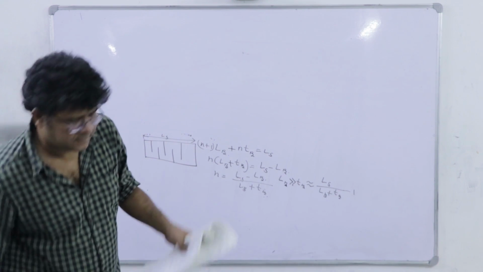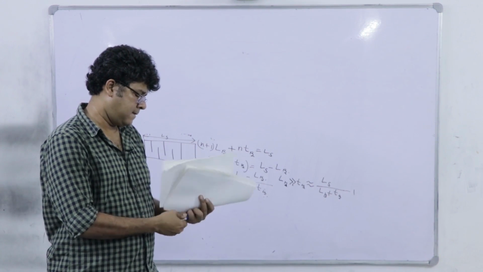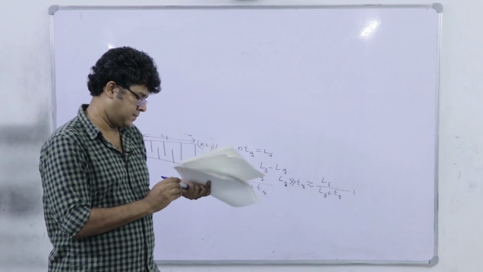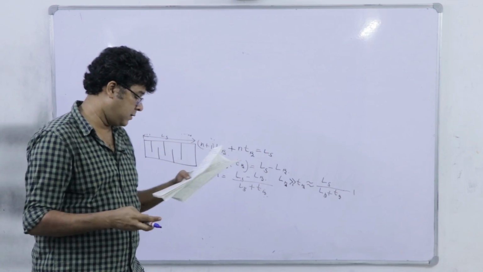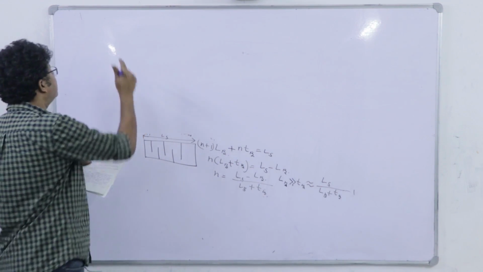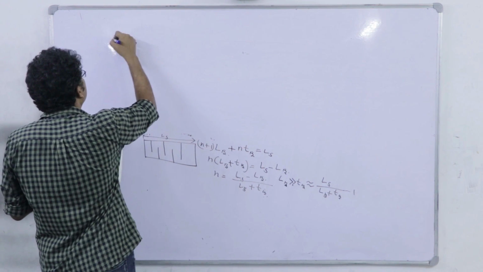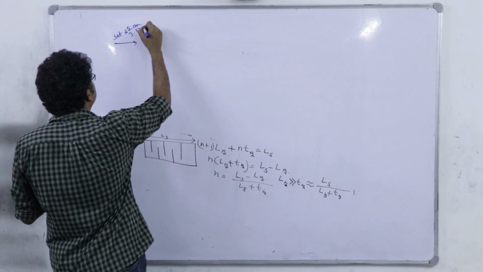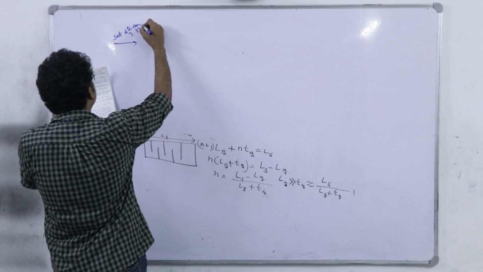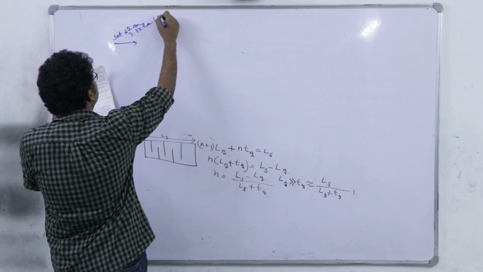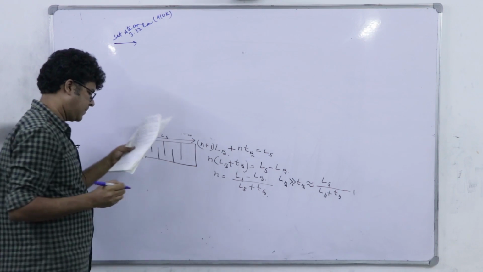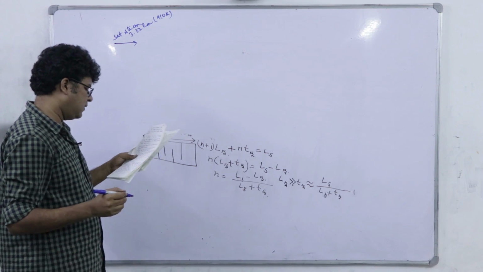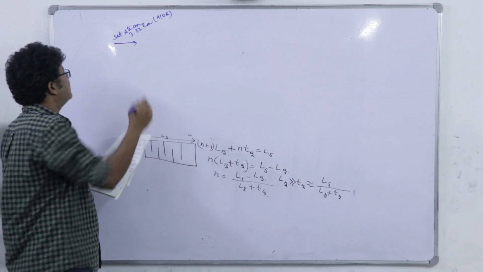So, next, another problem. We have saturated steam at 3.32 bar, 410 Kelvin given, fed to the steam chest of the first effect of a multiple effect evaporator.